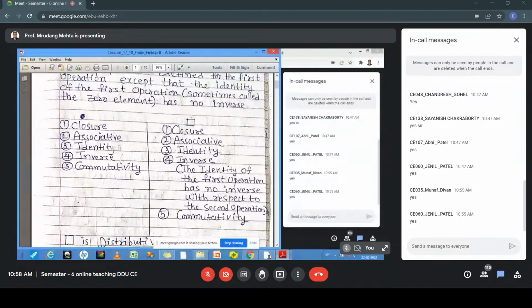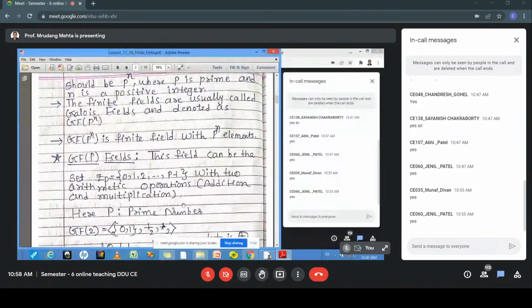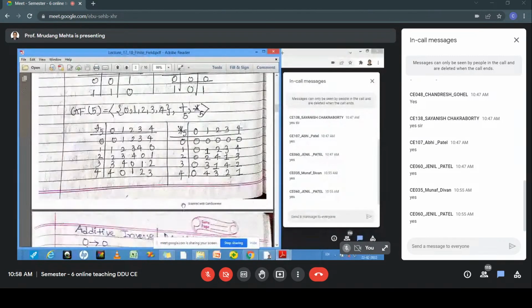So 0 is the identity over here, and 0's inverse is not available for multiplication. So this way we checked.